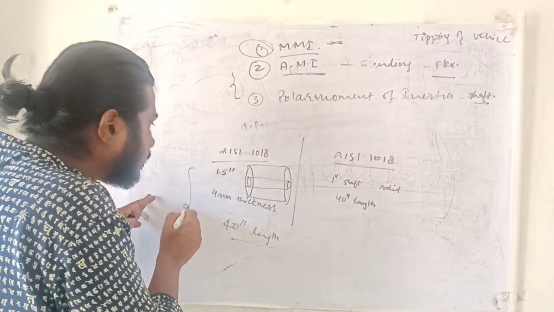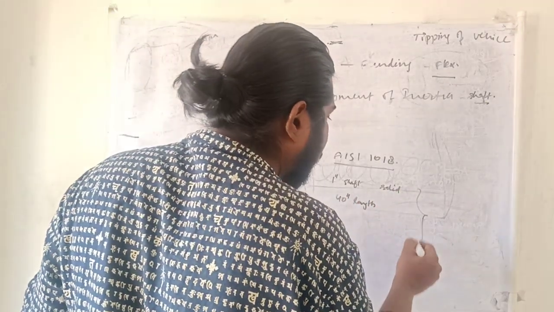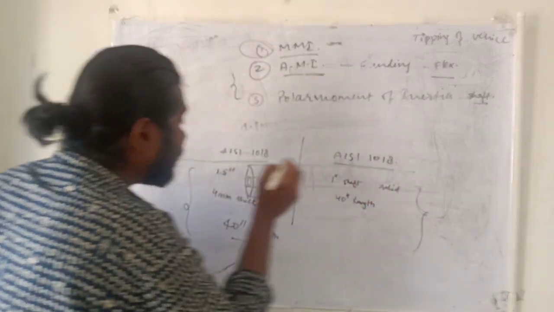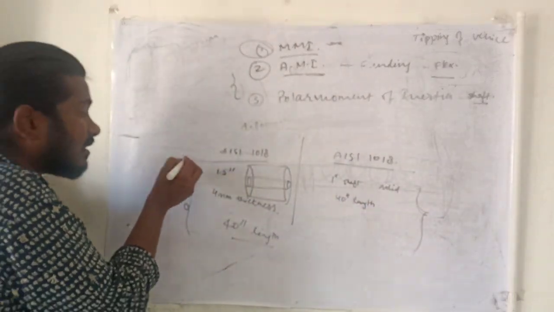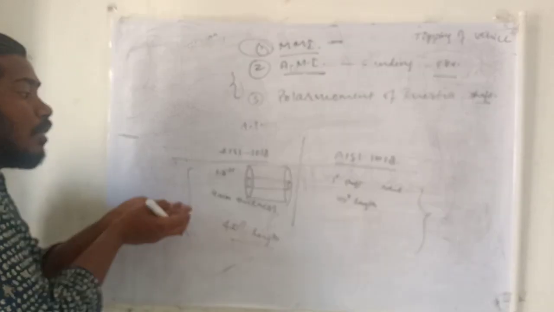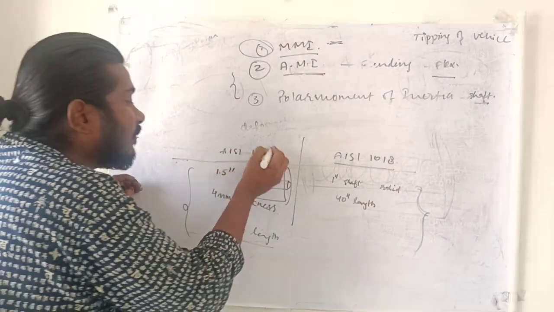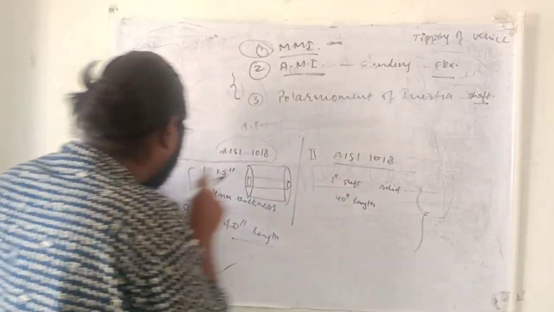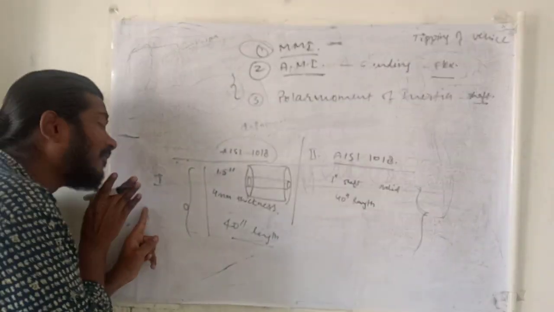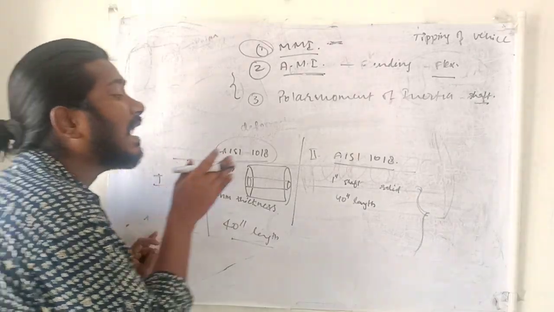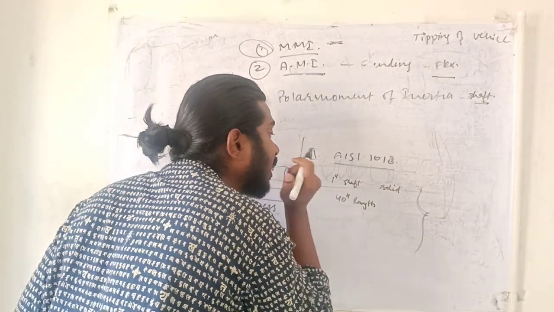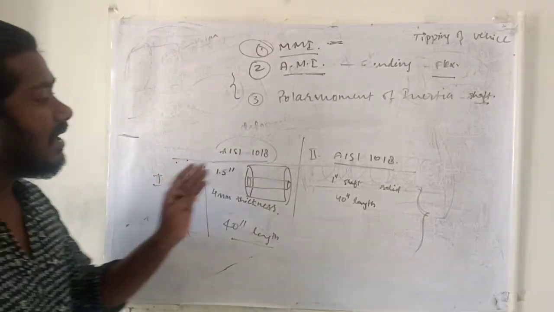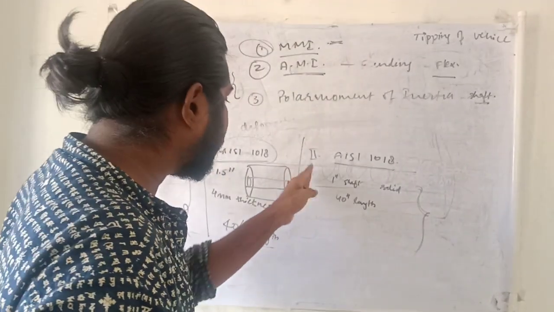There are chances, I'm still not sure, but if we go with proper calculations, you can find out the stiffness or polar moment of inertia of AISI 1018 with configuration 1 and configuration 2. The stiffness of configuration 1 is very high in comparison to configuration 2.